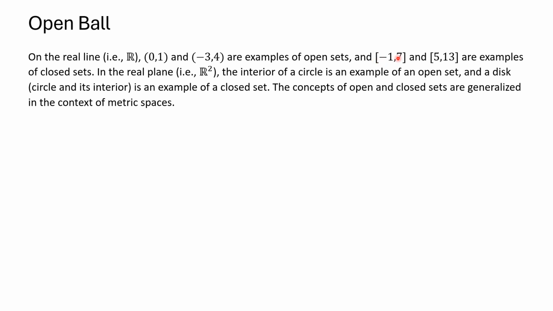If you include the endpoints, you have a closed set. So -1 to 7 is a closed set, 5 to 13 and all the points in between form a closed set. And where you have things like not including the -1, but including the 7, that would be neither open nor closed.